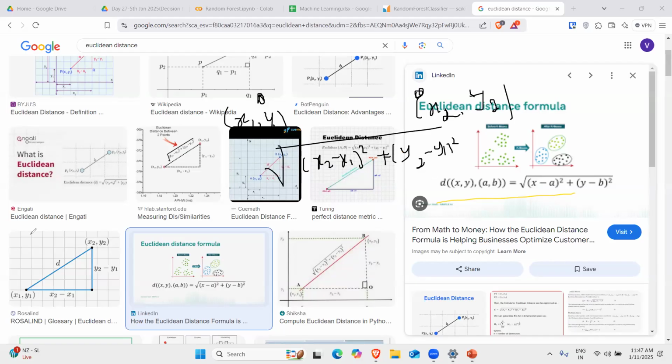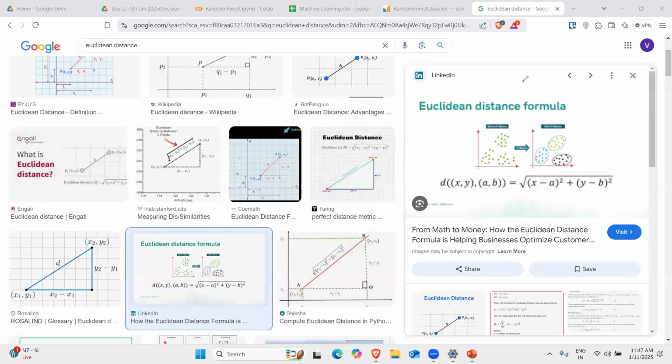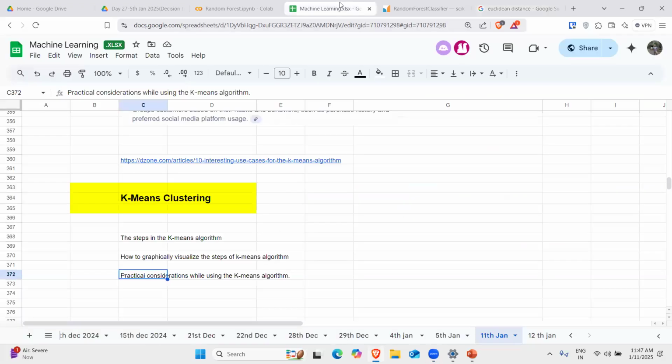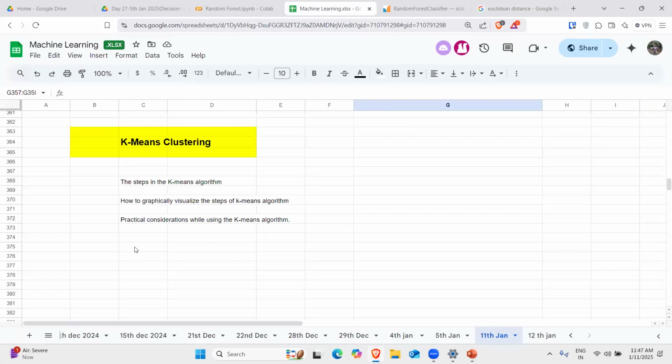So that's the thing we use over here, known as Euclidean distance, to calculate the distance between two data points. In the previous segment, in KNN, you got an idea about Euclidean distance, right?